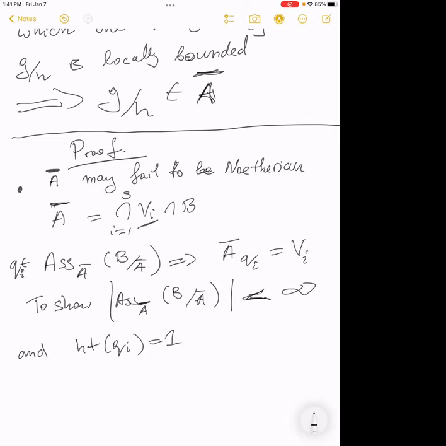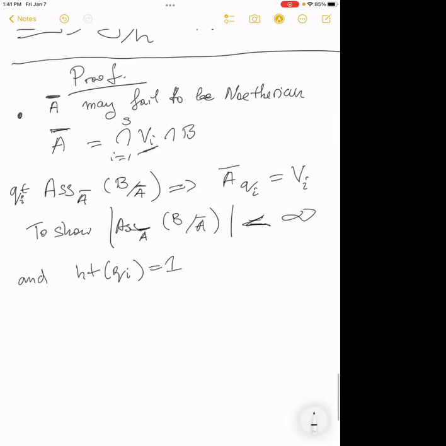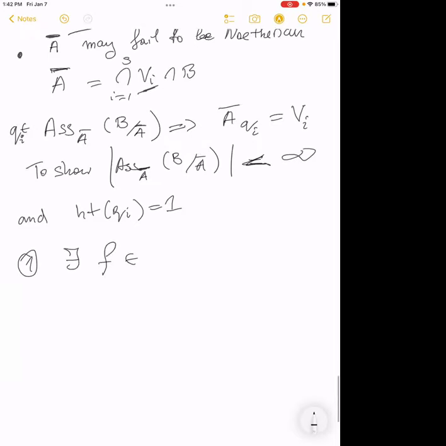Okay, so how do we do this? Well, one needs to somehow show that this A bar may fail to be Noetherian, but it is generically Noetherian. So the first step here is to prove that there exists an element f in A bar such that A bar localized at f is Noetherian.